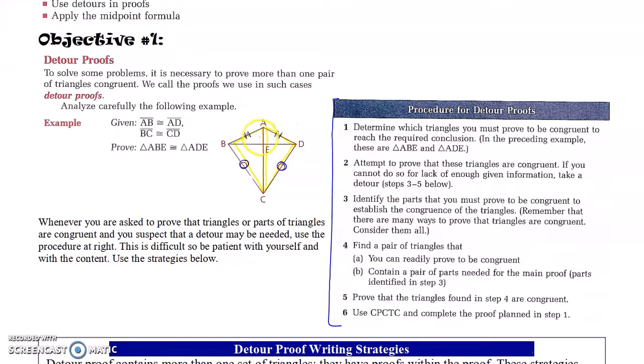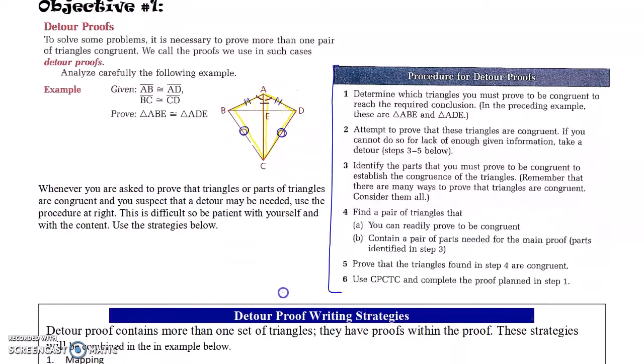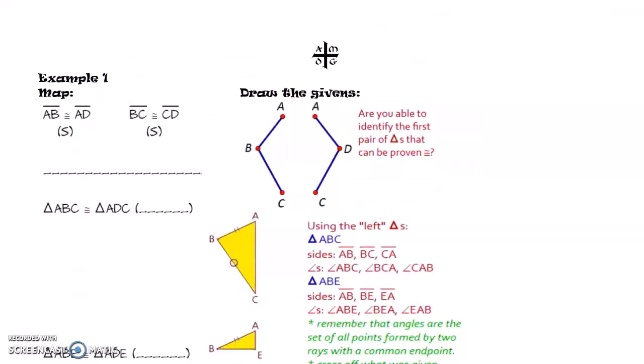Then we could use corresponding parts, and then we could later say AE is congruent to itself. Then we would have ABE congruent to triangle ADE by side angle side. So let's go ahead and do that.